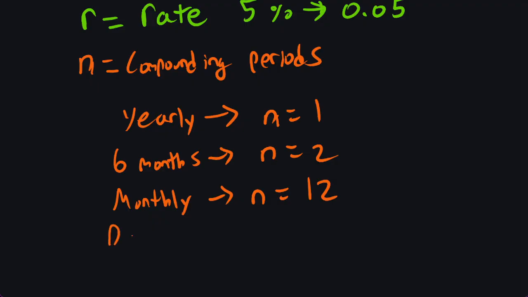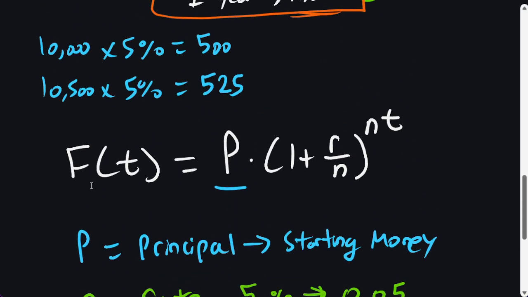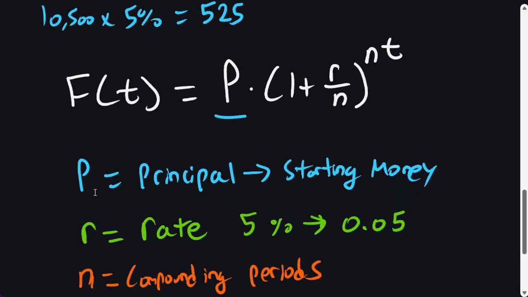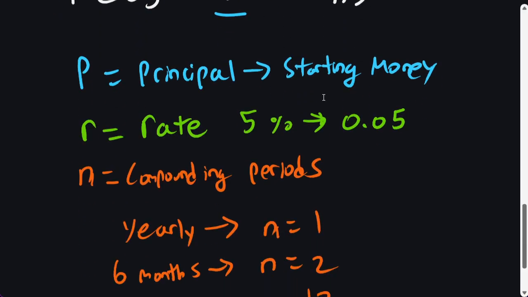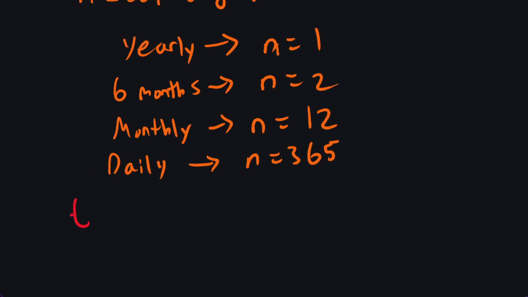And if it compounds daily, then n is 365. And this is the function right here, f of t, and t, by the way, is time in years.